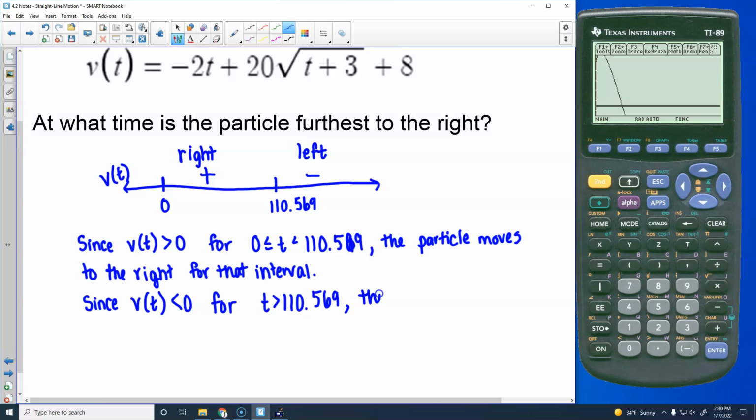So the particle moves to the left for that interval.